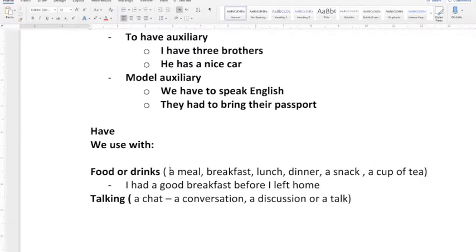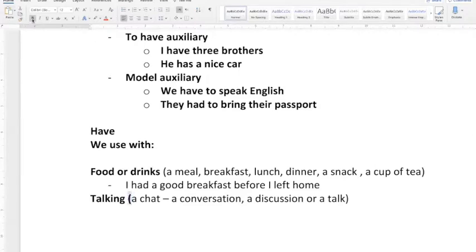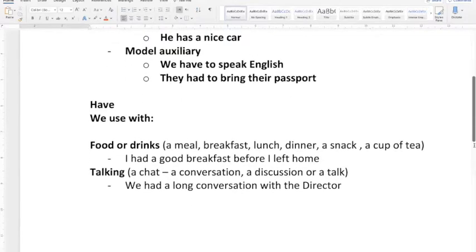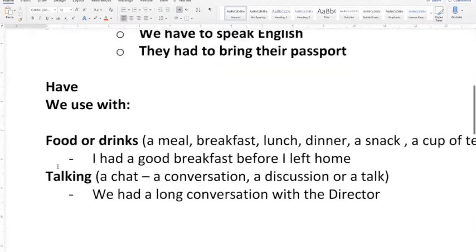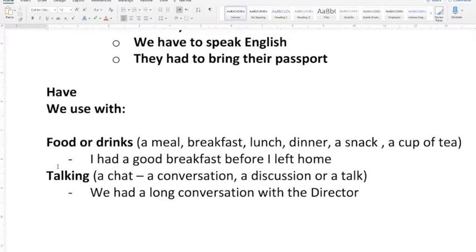It might be something basic, but it's going to be an important part of our daily conversation. For example, we can say, we had a long conversation with the director. So as you can see here, we can use the lexical verb have to talk about talking.